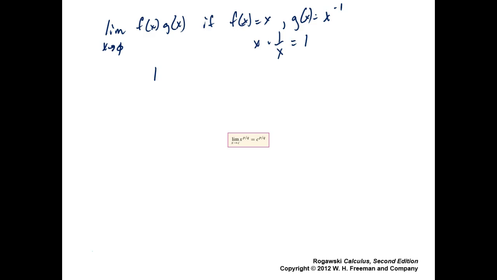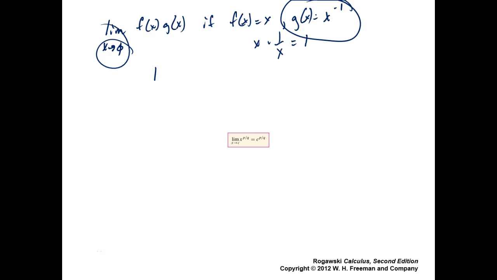What's wrong with this picture? You cannot divide by 0. This thing right here is not defined there. Tricky question, okay? Remember, the product rule only works if both of those limits exist.